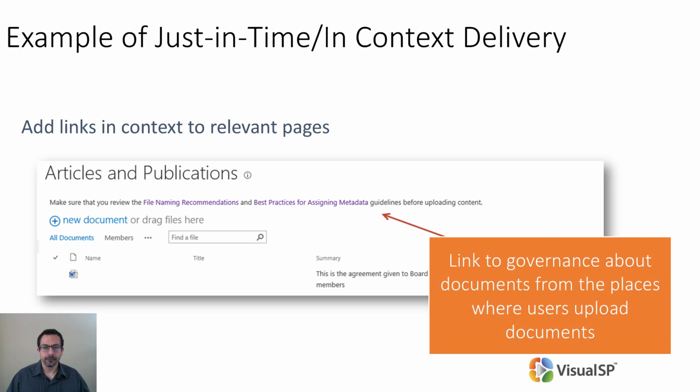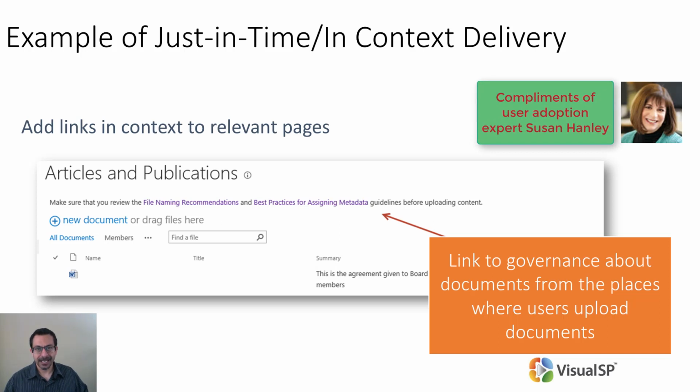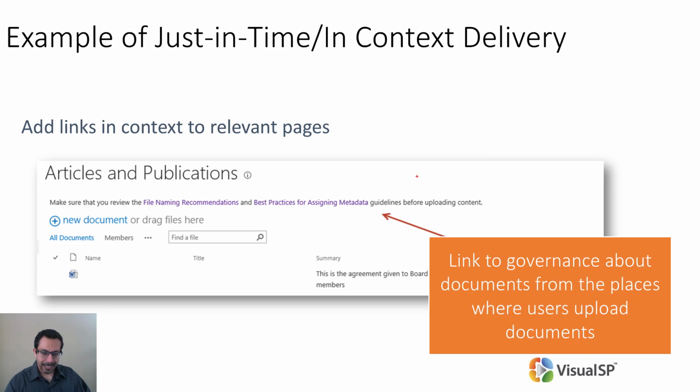And here's an example of what it looks like. This example comes actually from one of my friends, Susan Hanley, who is a user adoption expert in this field. So imagine this, you are at a library of documents in this case, and you get the recommendation right there on how to name your files, for example. So you don't end up naming it version 1, version 2, etc., which is a waste of time, and it's going to be very difficult for people to understand exactly what that is.